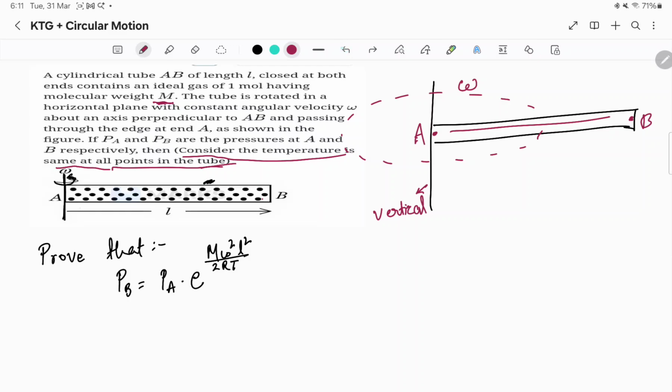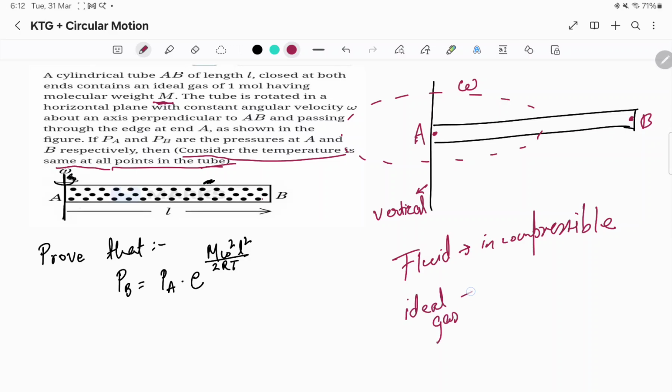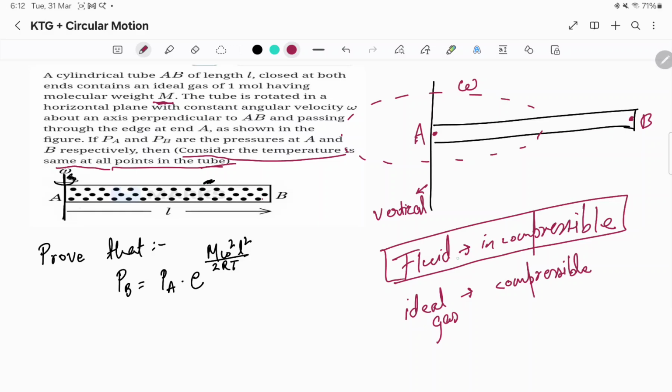In fluid mechanics the fluid is incompressible, which means it cannot be compressed in most cases. Here we are encountering a gas, an ideal gas, and we all know that an ideal gas is compressible. So we cannot handle this question in the same way as we deal with it in fluid mechanics.